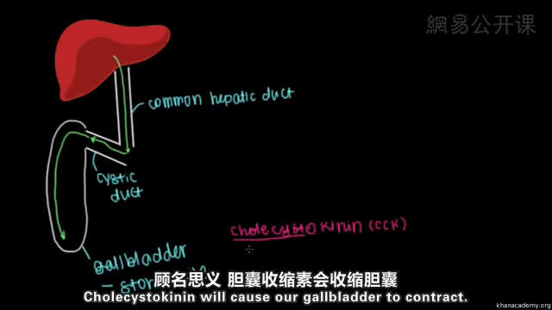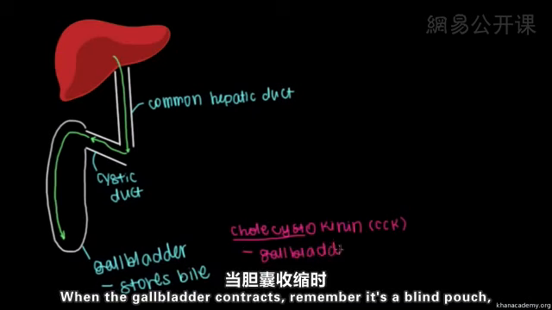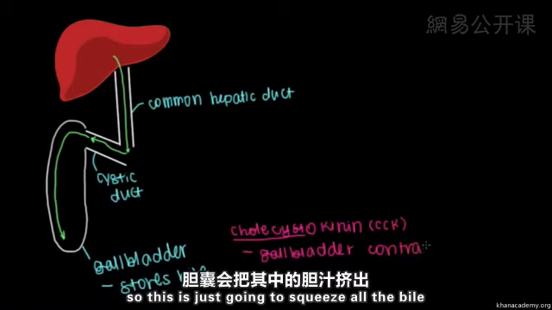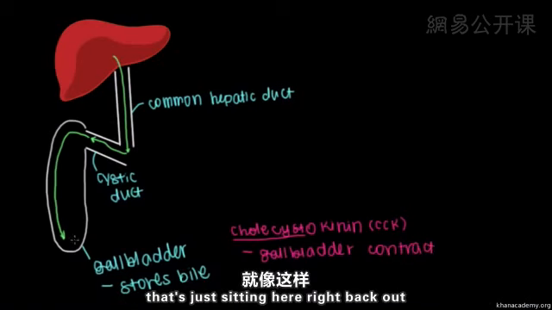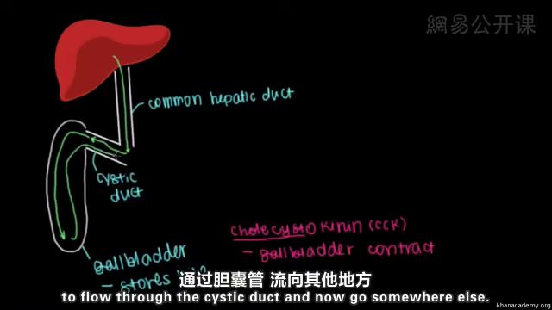So cholecystokinin will cause our gallbladder to contract. And when the gallbladder contracts, remember, it's a blind pouch. So this is just going to squeeze all the bile that's just sitting here right back out to flow through the cystic duct and now go somewhere else.